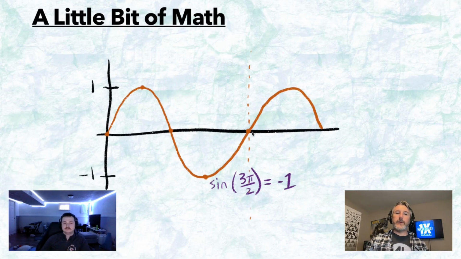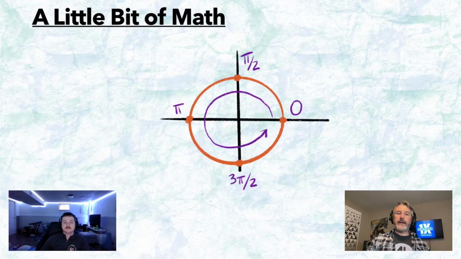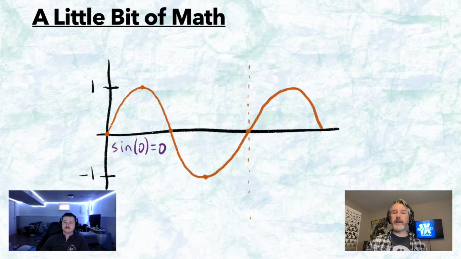Yep. So I really had to revisit this and wrap my head around it. I didn't remember any of this from high school, but the point is, if you're moving around this circle counterclockwise and you stretch that out over time, in real time rather than in the abstract, you end up with this waveform, right?